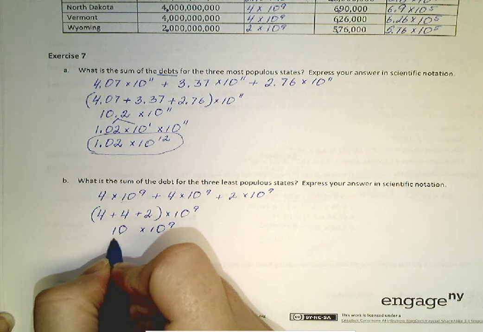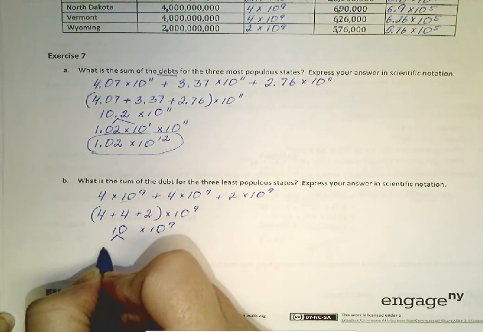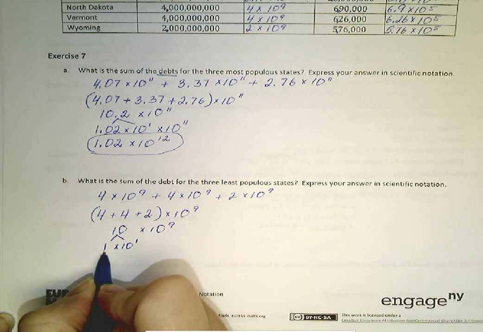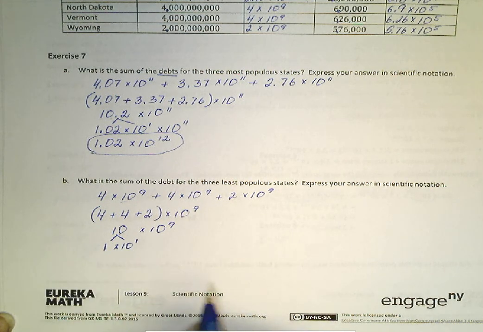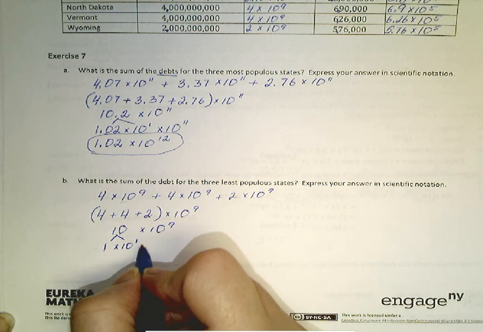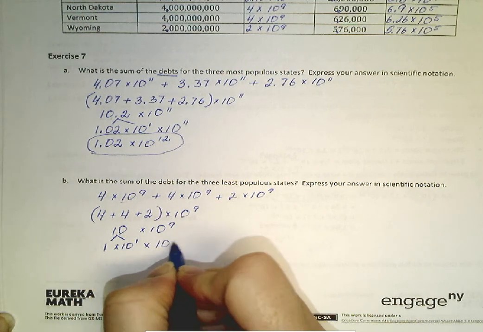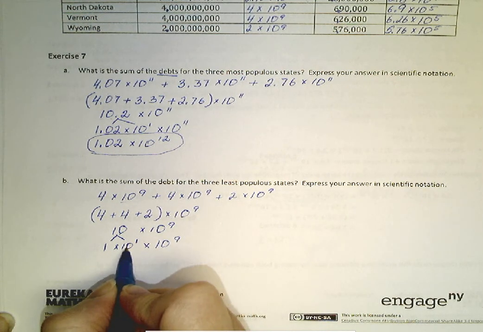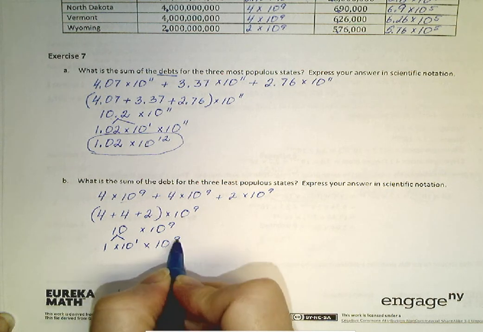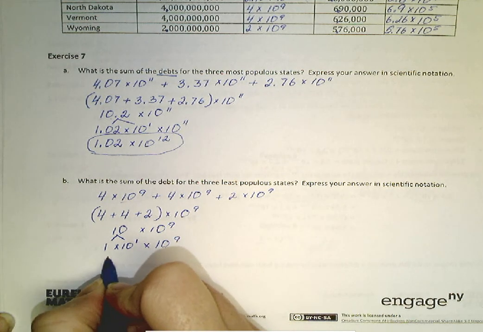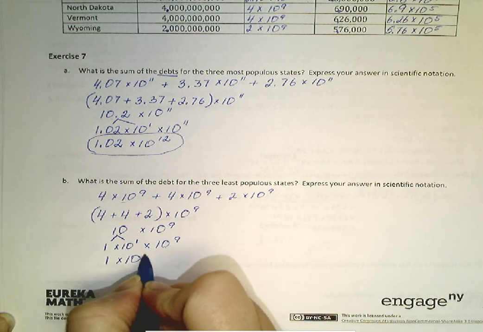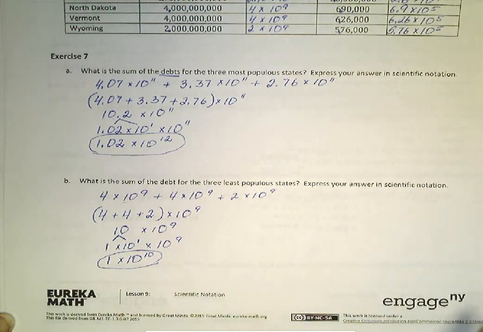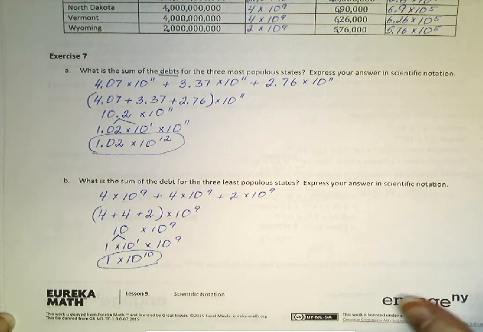So we are going to decompose this into 1 times 10 to the first power, because if I do that, I will get my 10. 1 times 10 is 10, right? And I'm going to multiply it by 10 to the 9th. By the multiplication of like bases, because I have 10 and 10, I'm going to add the exponents: 1 times 10 to the 10th power. Okay, now we're done. This number is written in scientific notation.